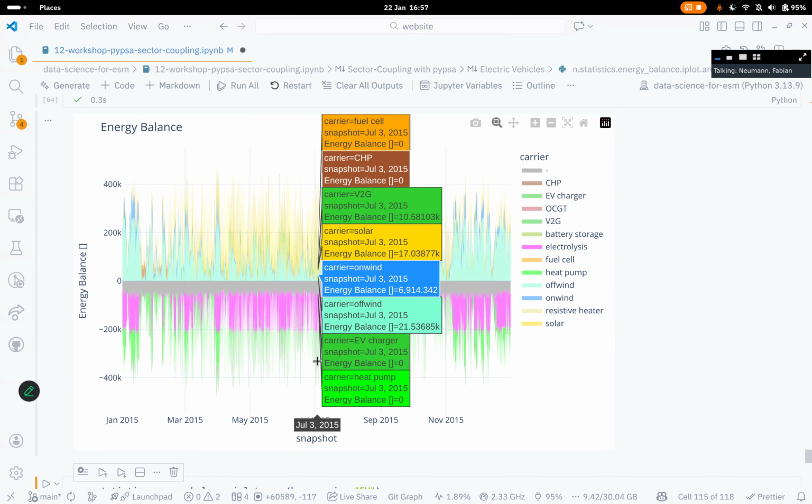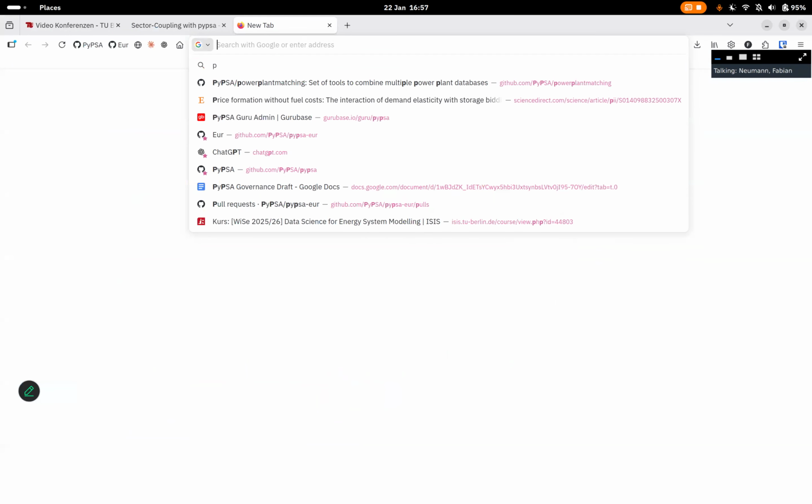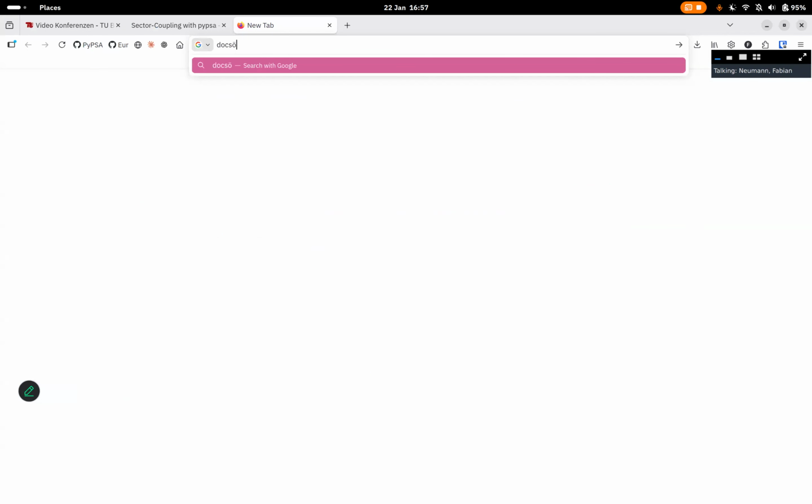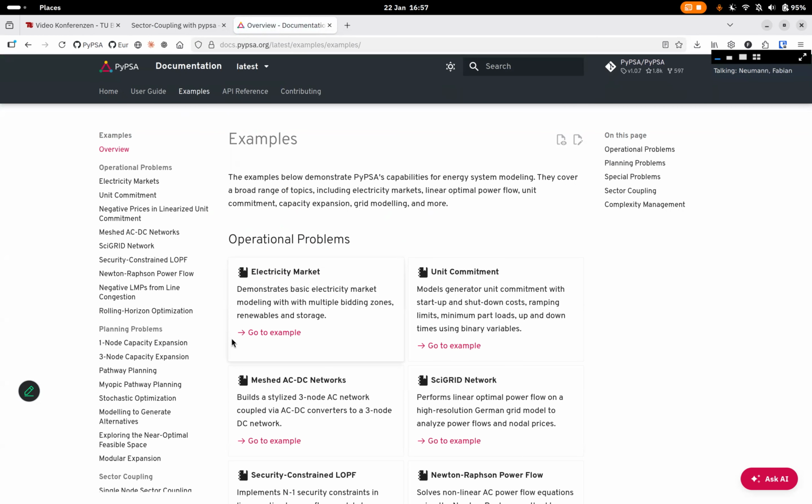Yeah, so I think that's as far as the PyPSA modeling goes in this course. There's of course a lot more that you can do and explore. If your hunger is not satisfied yet, you can always go to docs.pypsa.org, where there's an extensive list of examples. There are a couple of features that we haven't talked about at all. For example, pathway planning.